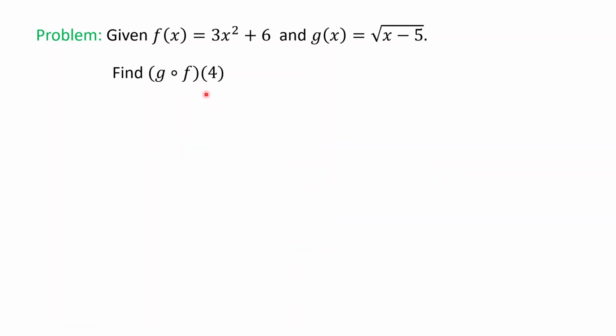In this problem, you are given f of x and g of x. You need to find g of f of 4. This is a composite function. Write this. This is equal to g of f of 4.